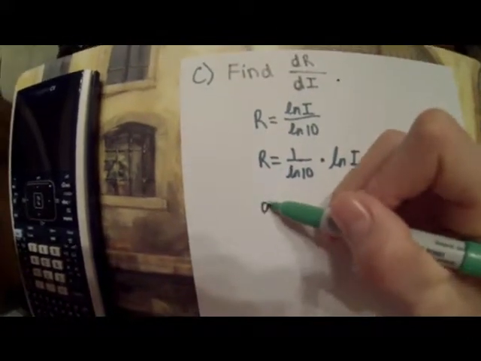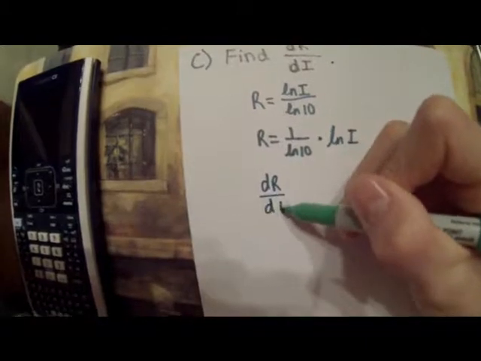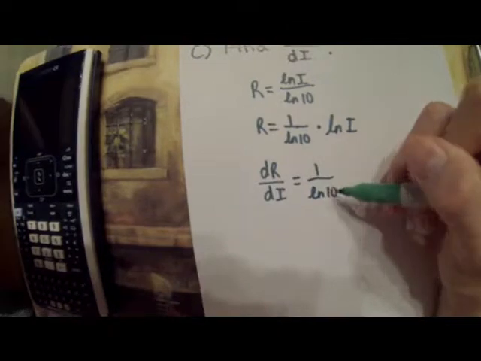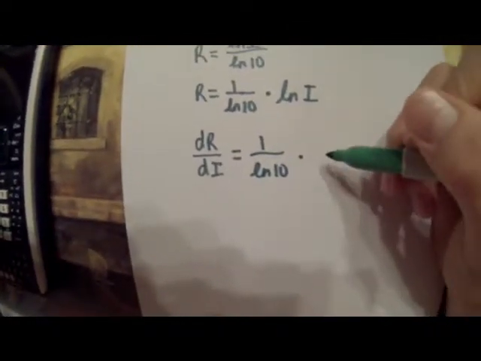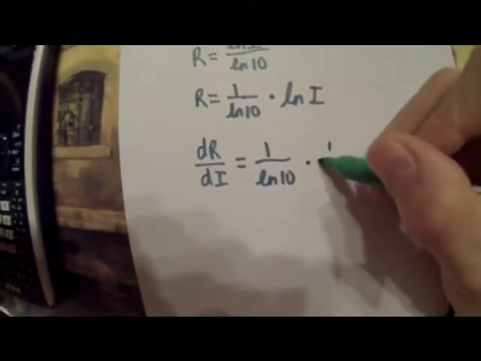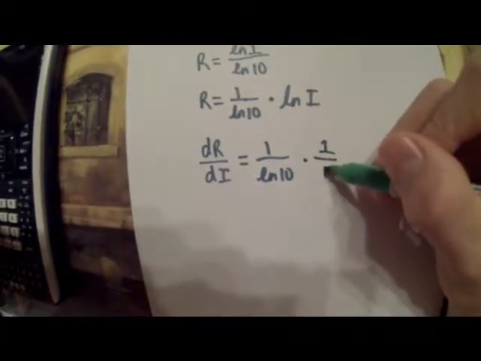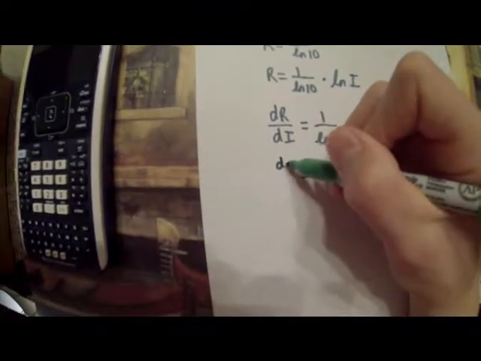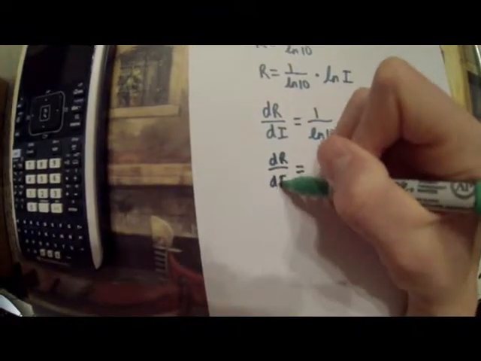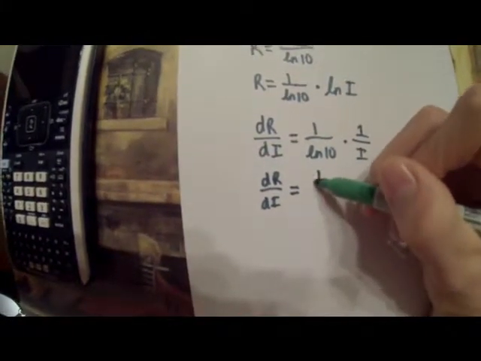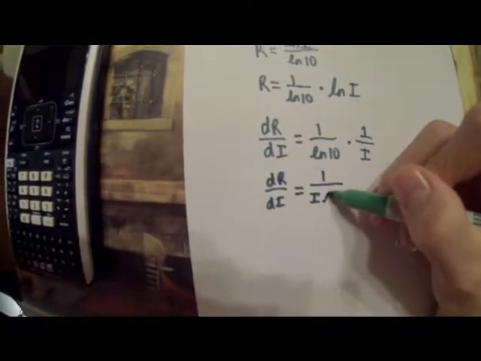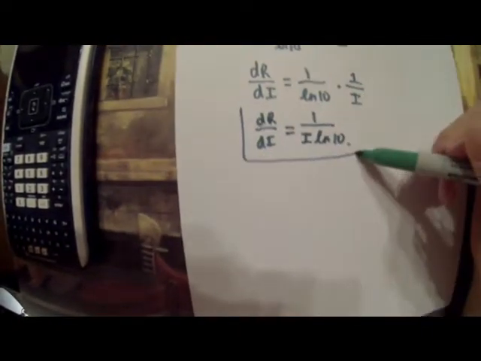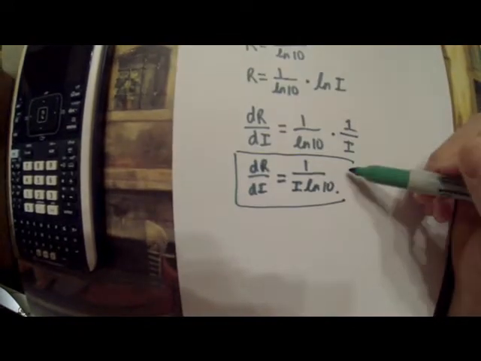So dR over dI equals 1 over ln of 10 times 1 over I. And so we can say dR over dI equals 1 over I ln of 10. And that is our derivative of our equation.